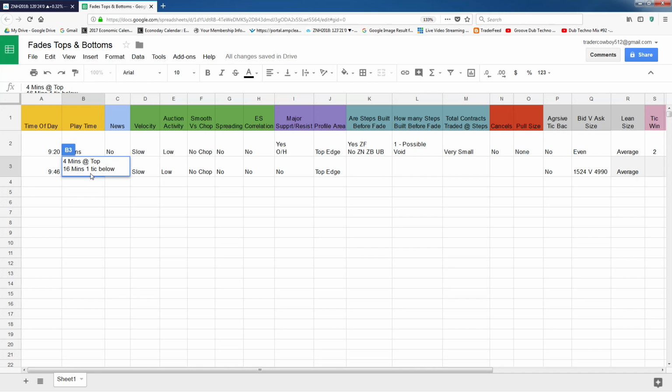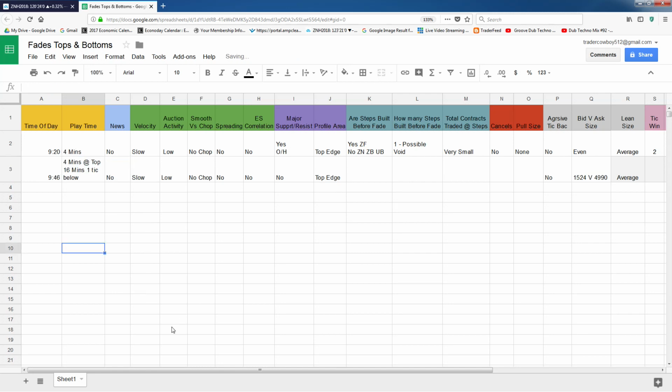So trying to cram all these things in these little columns here. Again, this is a new thing I'm working on. So what questions do I have left?